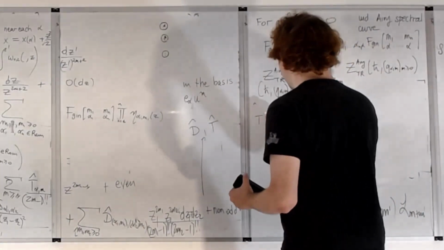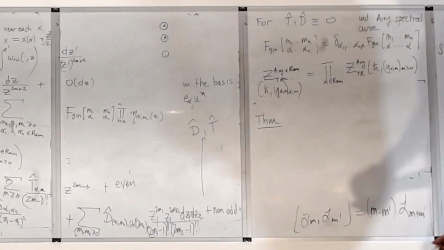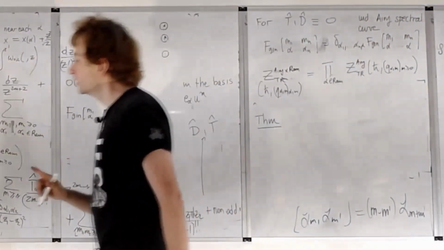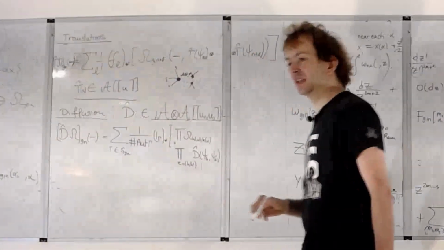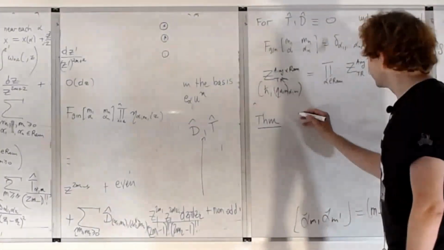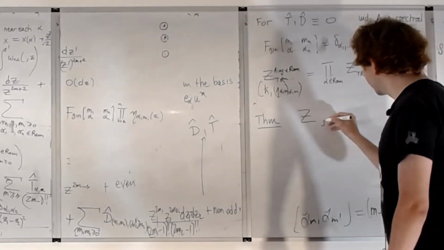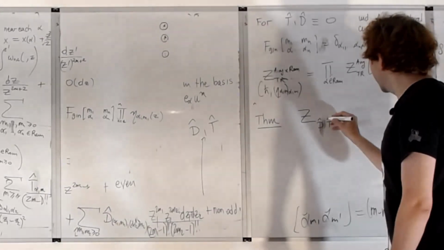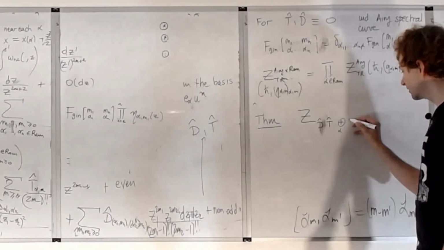So the theorem, we're just putting everything we did before together, is that if you take this d hat and t hat, which are elements here, obtained from the spectral curve, you're going to see that Z of d hat, t hat of what? Well, what I will write like this.